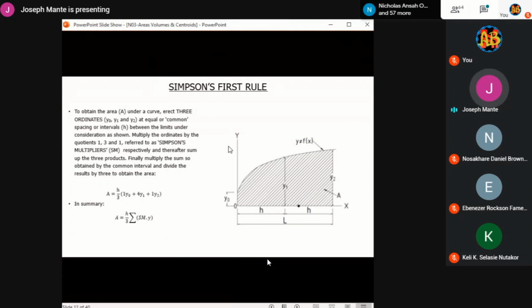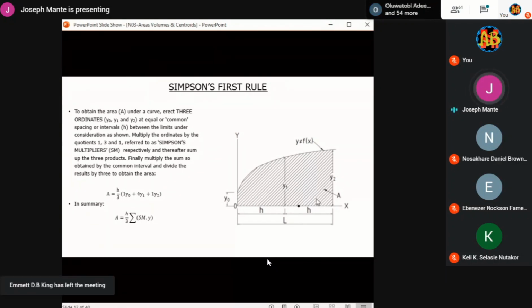We are saying that to obtain the area under a curve, erect 3 ordinates. Simpson's rule is saying that to obtain the area under a curve, erect 3 ordinates, that is y0, y1, and y2. From the diagram there, realize that we have y naught, y1, and y2. This one, there is no argument.